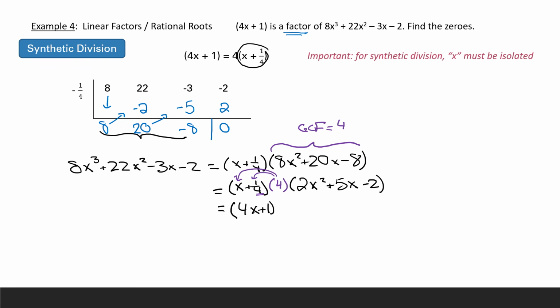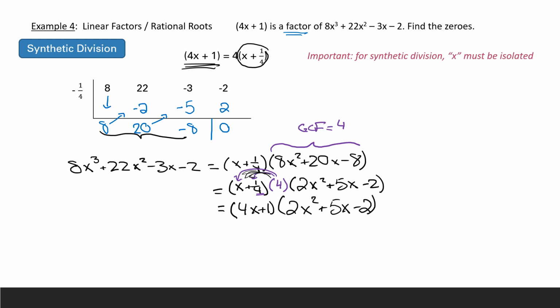We're back to what we were given in the original question for a factor, and 2x squared. So this 4 just gets distributed into one bracket, not into both. Once you distribute it into here, you're done with it. Plus 5x minus 2.